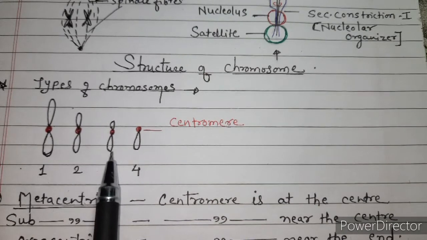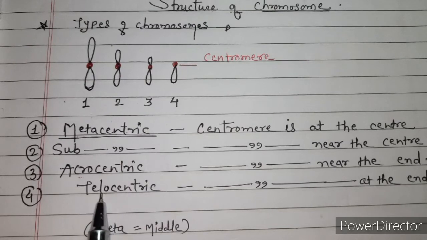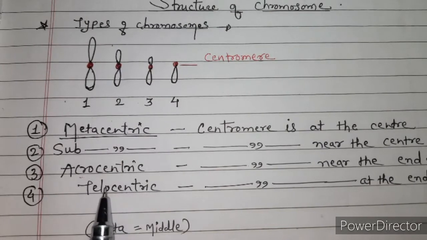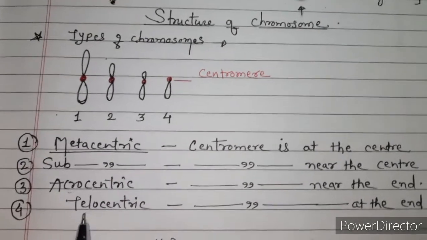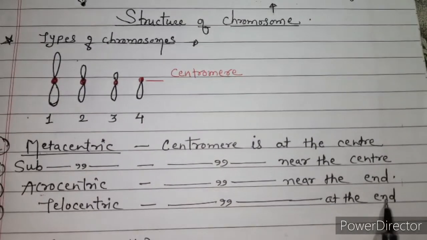Such a chromosome is called an acrocentric chromosome, and the last one is the telocentric chromosome. Just now I told you that telo means end. Here, see, the centromere is at the end of the chromosome.